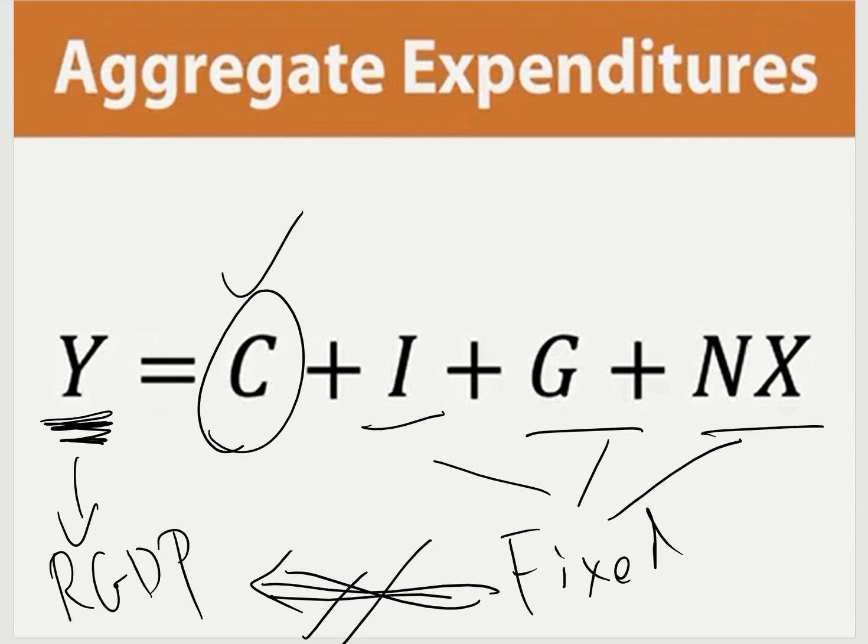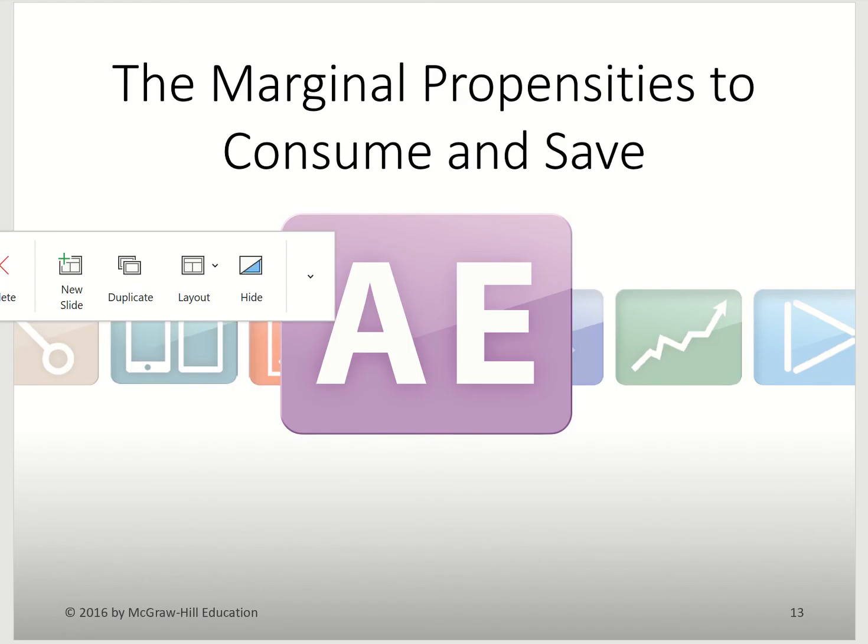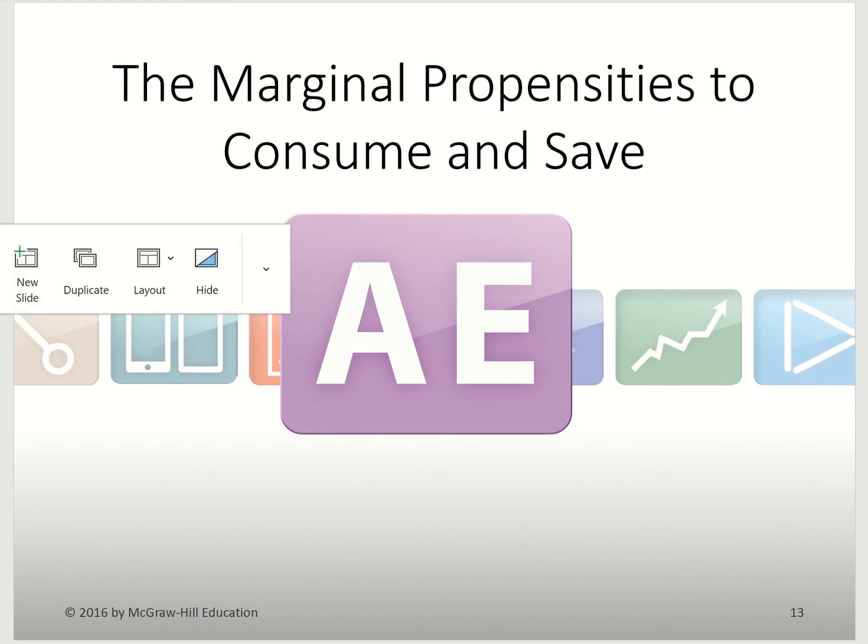All right, so let's look at another term: marginal propensity to consume and to save. For all the income you have, think about what you're going to do with it, right? You can buy stuff, you can invest it, you can set it aside, save it. But for all the money you have, there are only two outcomes.